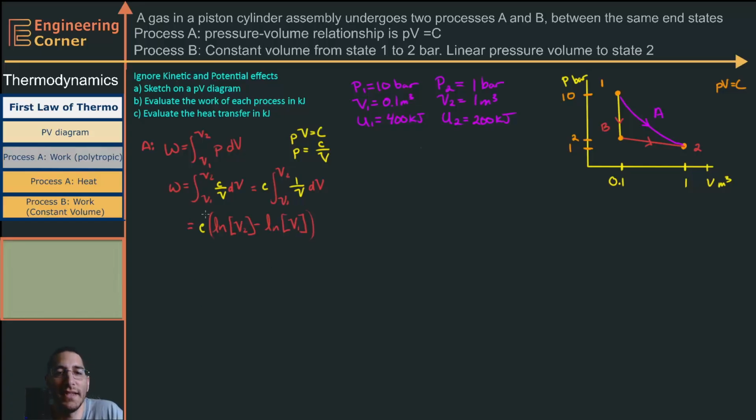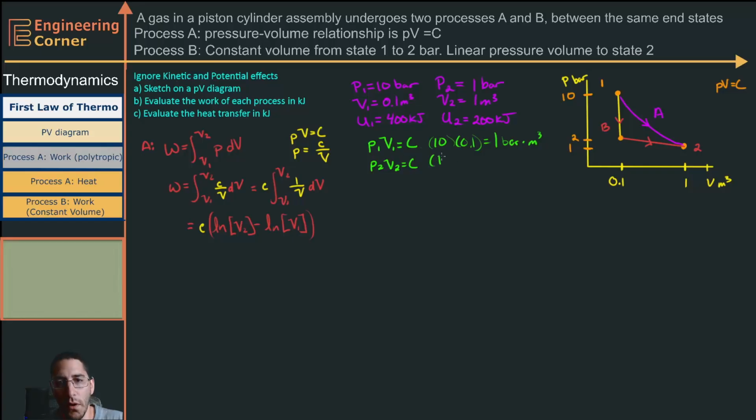So what is C? Well, we can get C by using this relationship right here. It doesn't matter: we could say P1 V1 equals C, or P2 V2 equals C. We get the same answer, right? If we do 10 times 0.1, we get 1 bar meter cubed.